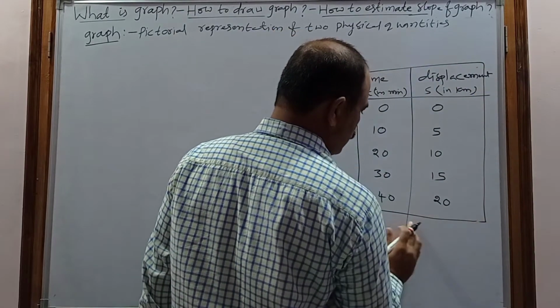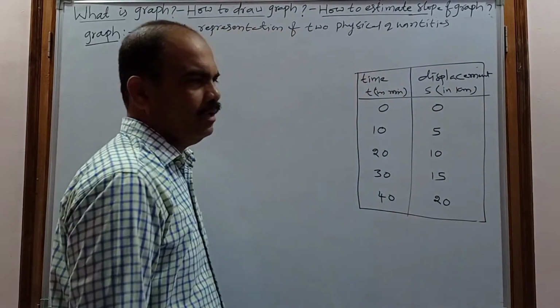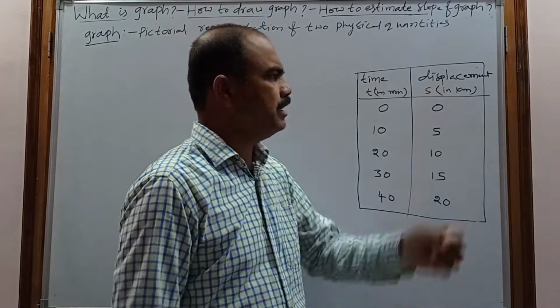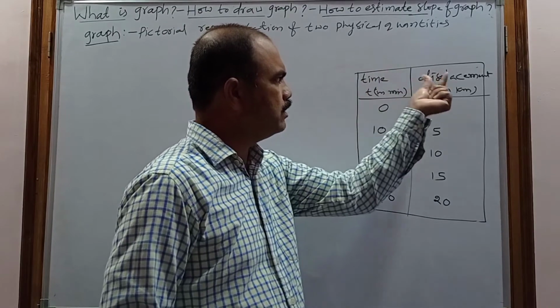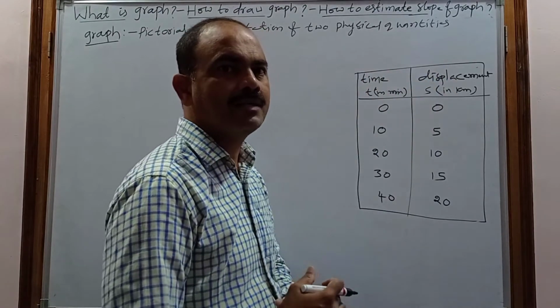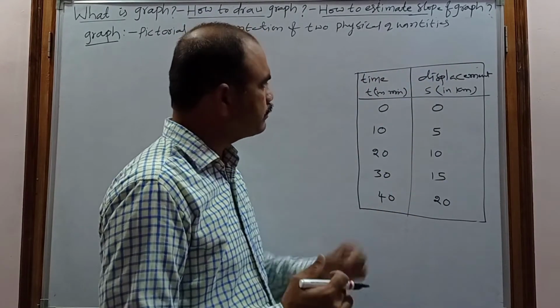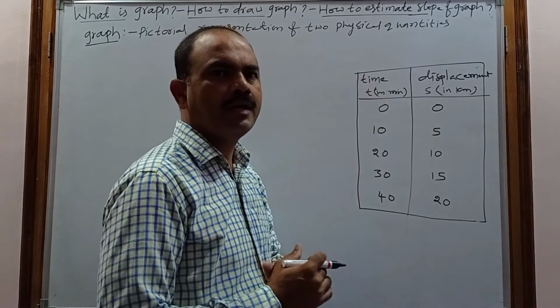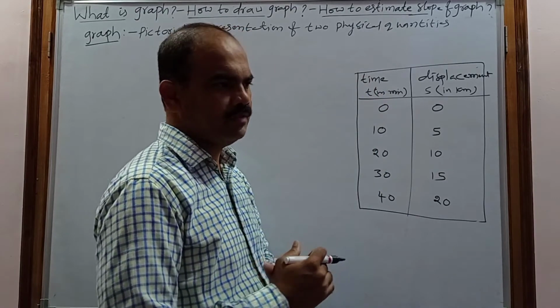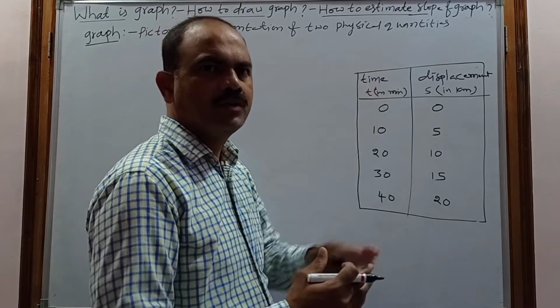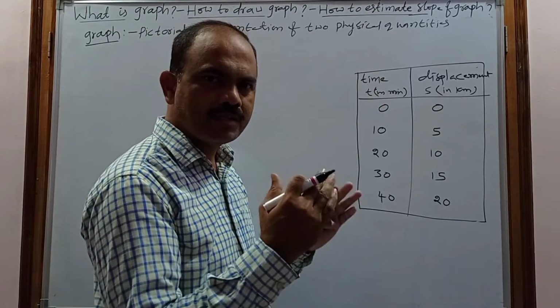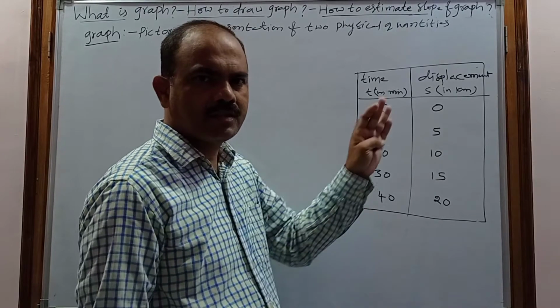What are the two physical quantities here? One is the time and the second one is the displacement. The displacement depends upon the time, so the displacement will be called the dependent quantity and the time is called the independent quantity. So when we are drawing a graph, we have to select two physical quantities, one called the dependent quantity and the other called the independent.